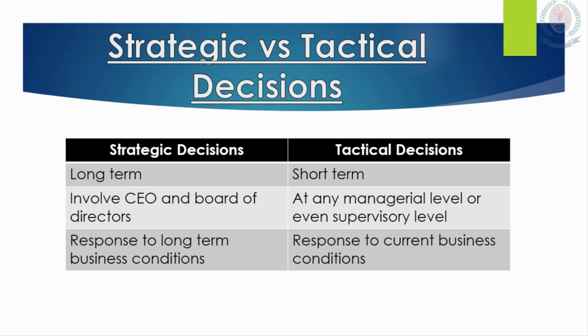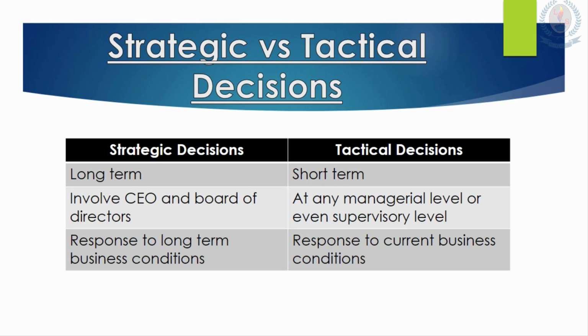And I told you that strategic decisions are responsive to long-term business conditions, because we are making strategies in order to achieve corporate objectives. When we consider tactical decisions, they are responsive to current business conditions.